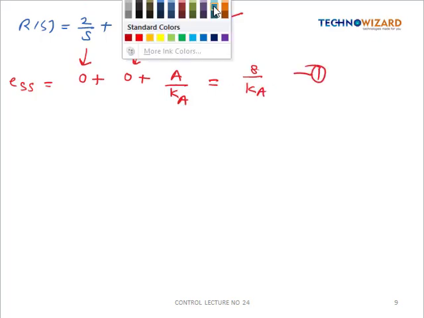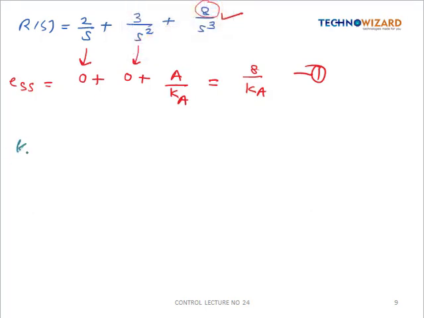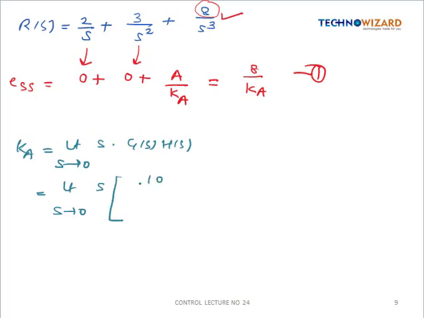Ka will be equal to the limit as s tends to 0 of s² G(s) H(s), which is 10/(s²(4+s)), sorry, this will be s².